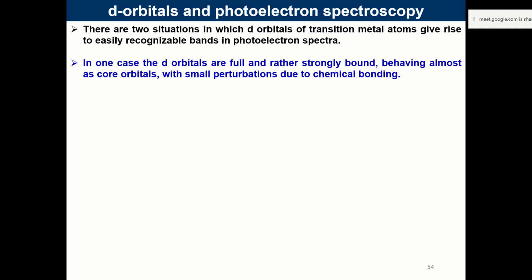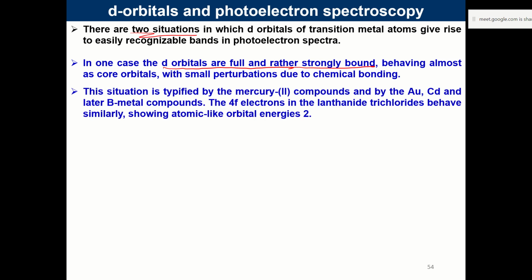So there are two cases where this will be important. One is when the d orbitals are full and strongly bound, and they are full and not participating in the bonding to that extent, only a small effect due to bonding will be there.